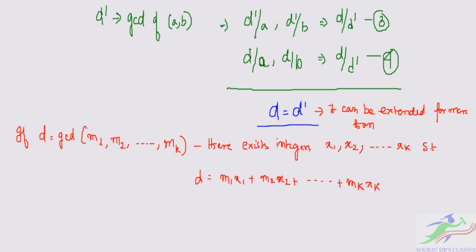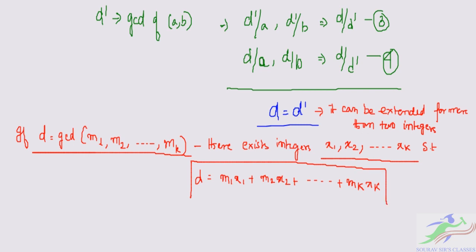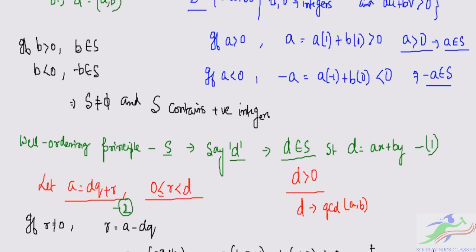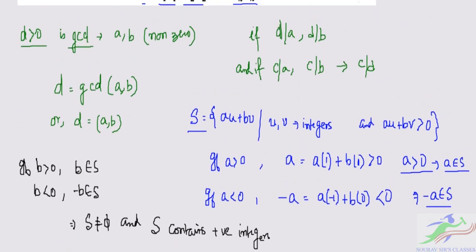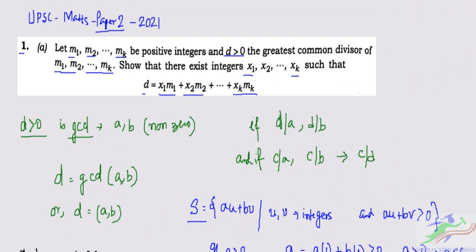So if the GCD D is equal to the GCD of m1, m2 up to mk, there exist integers for which we can write D is equal to m1 x1 plus m2 x2 plus up to mk xk. So that is the part for question number 1a.